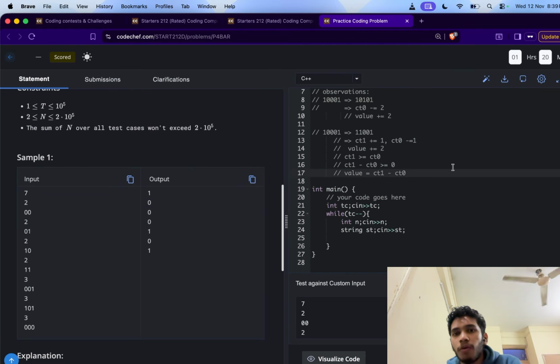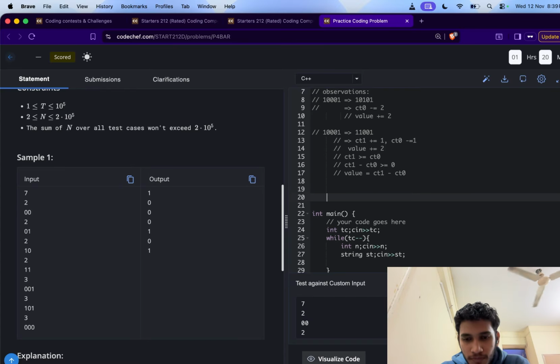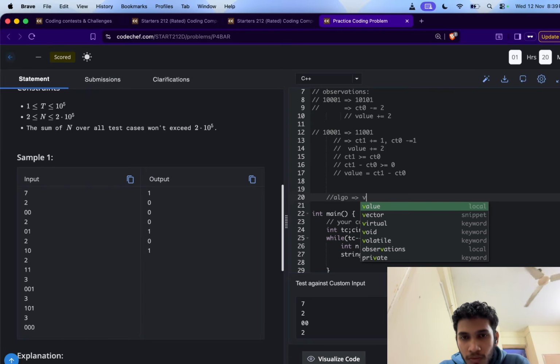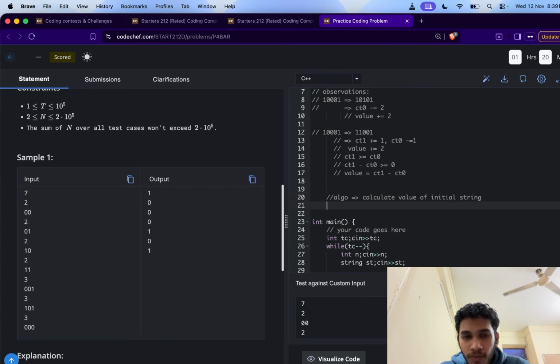So what can we do now? We can calculate the value of the initial string. Now, if the value is positive, good enough.